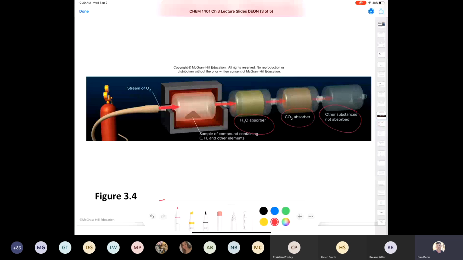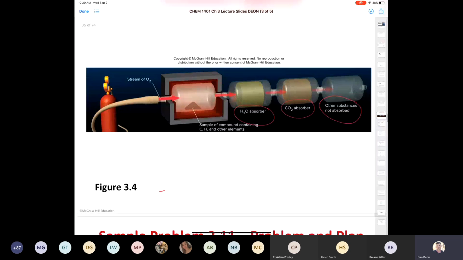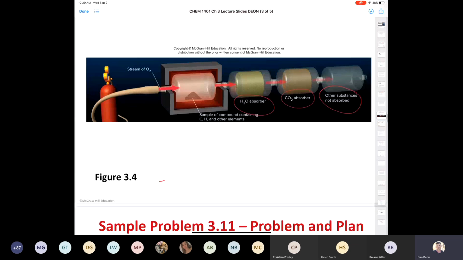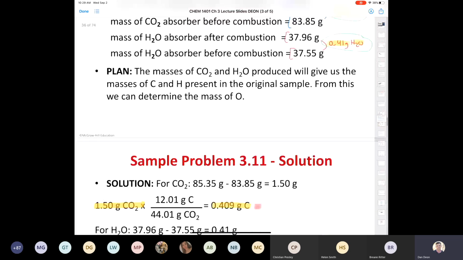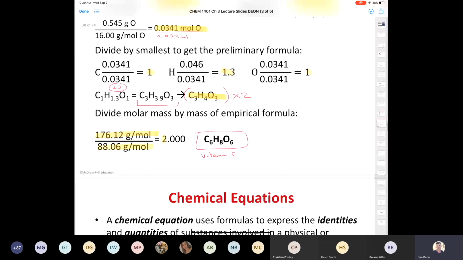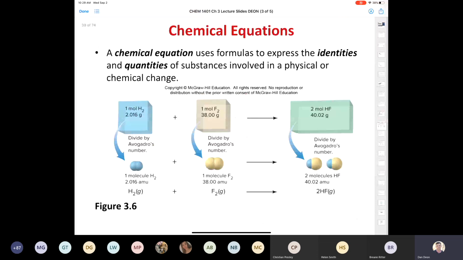Well, if you have incomplete combustion, which is what happens when you burn octane in a gas tank, that's why you end up with things like carbon monoxide, right? Because of incomplete combustion. So is it always going to be just cut and dried that you only get H2O and CO2? No, okay? Anyhow, again, send me a screenshot if you have a question about that, and I'll take a look at it.